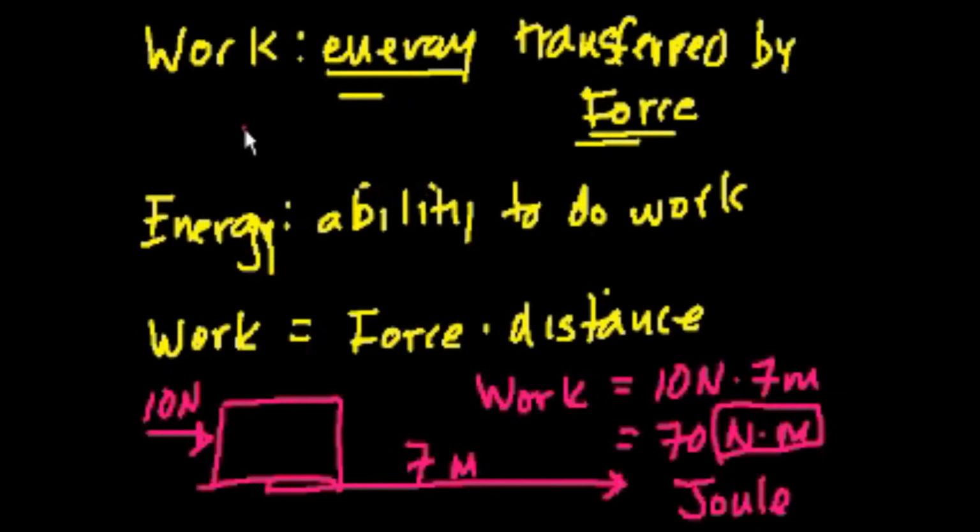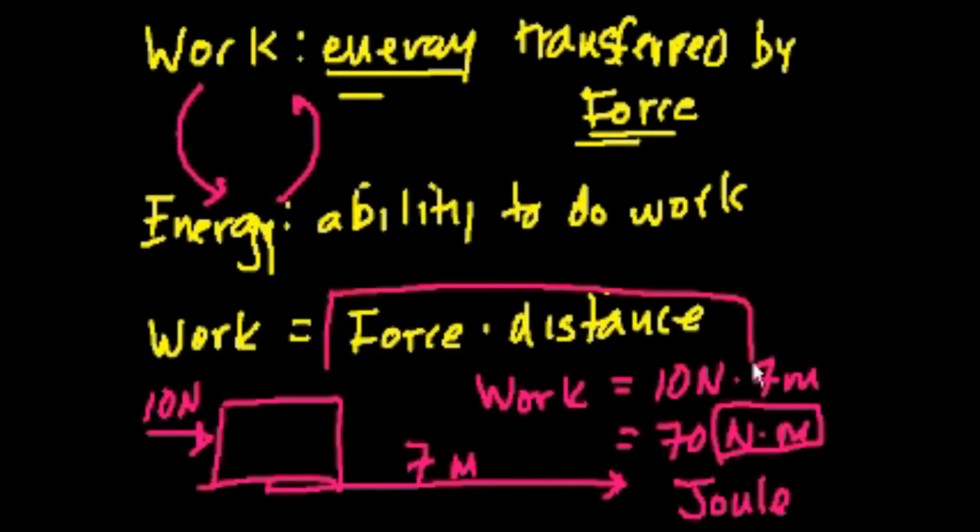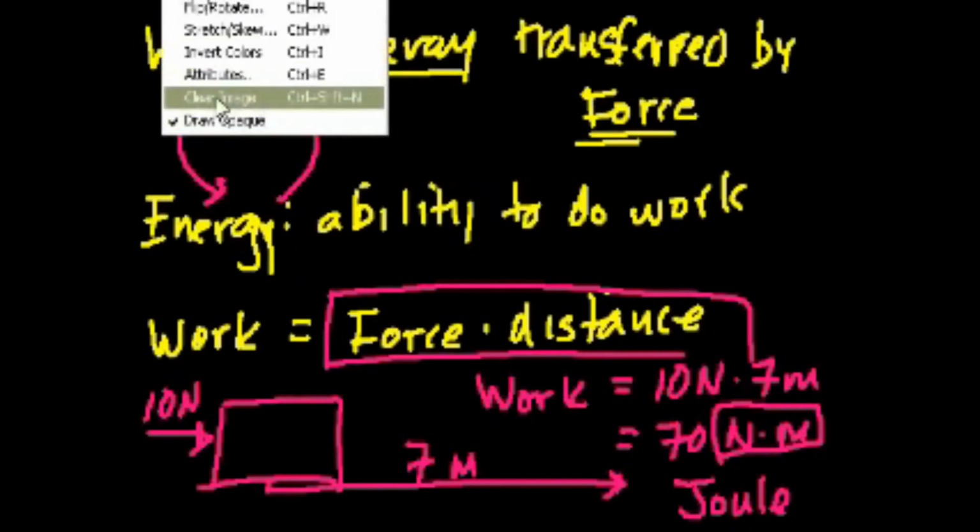So I'll leave this relatively circular definition alone now. But we'll use this definition, which I think helps us a little bit more, to understand the types of work we can do, and then what kind of energy we are actually transferring to an object when we do that type of work. So let me do some examples.